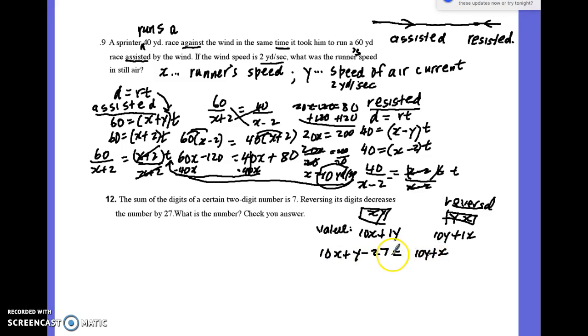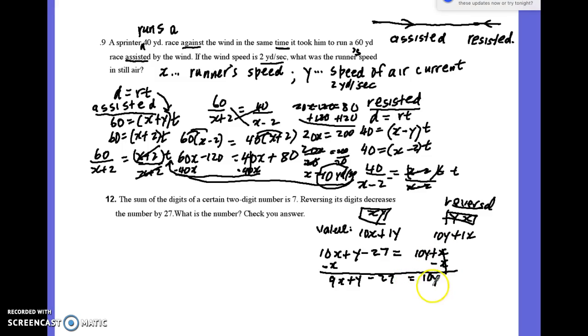And here we're going to put the variables on the left and the numbers on the right. So we can go ahead by subtracting x from both sides. 10x take away x is 9x. The y remains as is. Minus 27 equals 10y. And this x is gone.